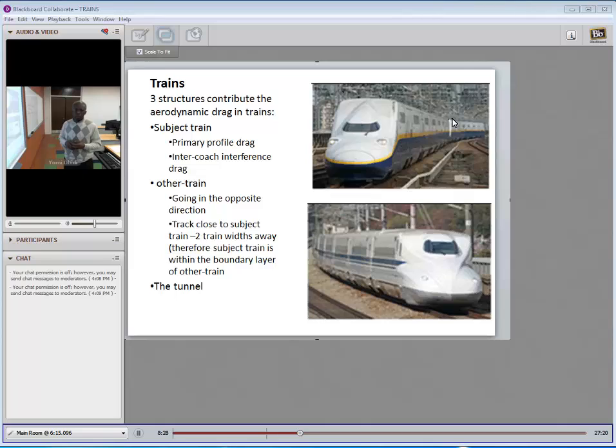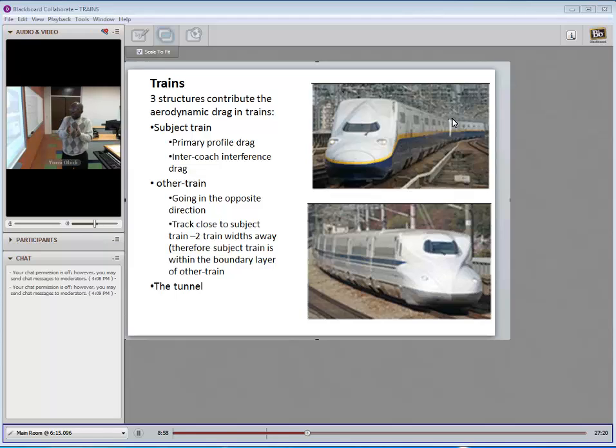A lot of trains go through tunnels for an extended period of time, and these have contributions to the drag on the train. Let's look at the subject train. The subject train has the primary profile drag, and it has the intercoach interference drag also. Between the coaches, there is drag just as you have between the tractor and the trailer.